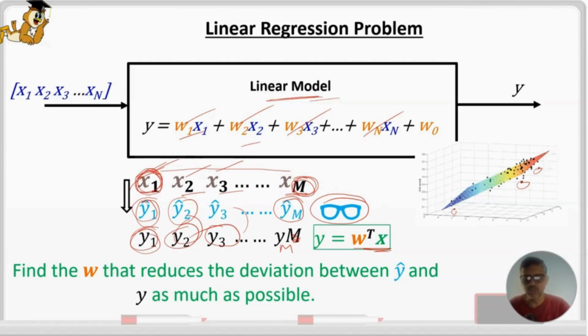But essentially what you're trying to do is determine this hyperplane that runs as close as possible to the training points. You want to determine the coefficients, the w's, which is the same thing as determining this hyperplane, because this hyperplane is defined by this equation.